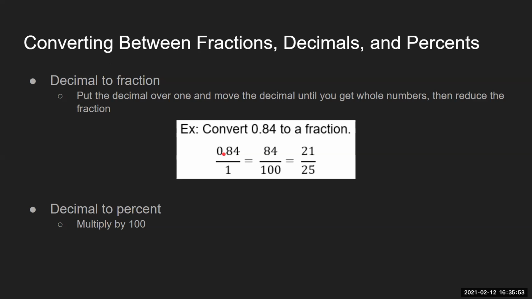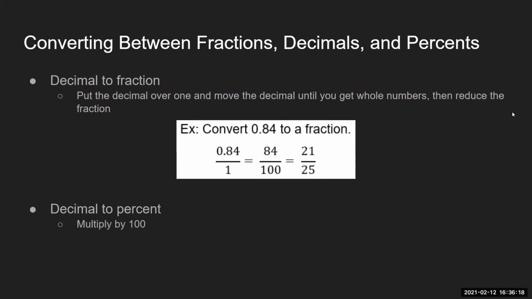And then what we did is we moved this decimal 2 places to the right. So that means we had to do the same thing on the bottom here, which is where the 84 over 100 came from. Then we reduce that. We divide the top and the bottom by 4, and that's going to give us 21 over 25, which is our reduced fraction.